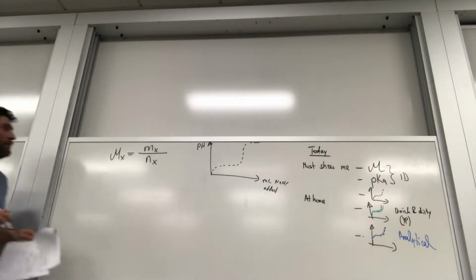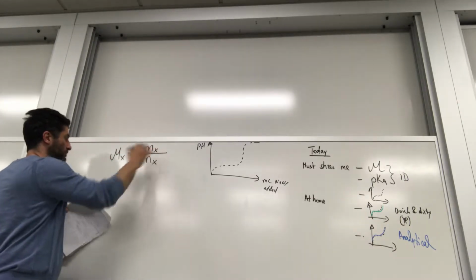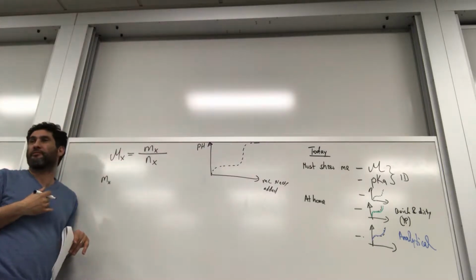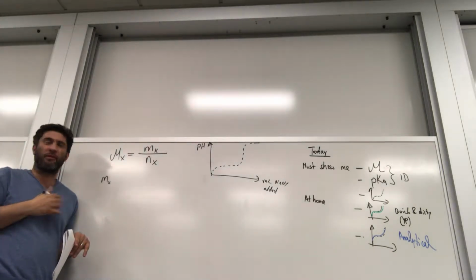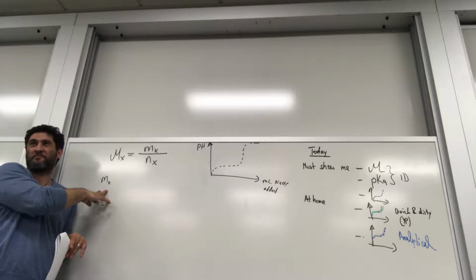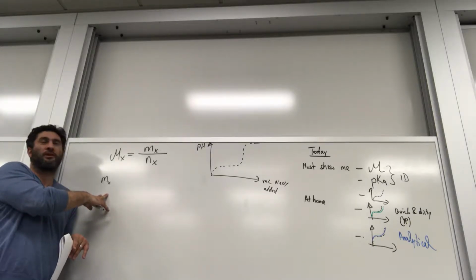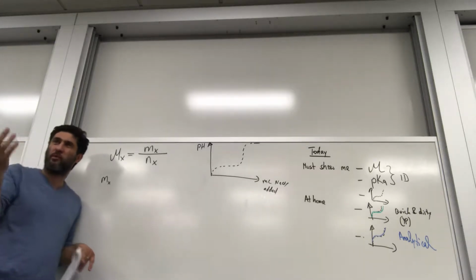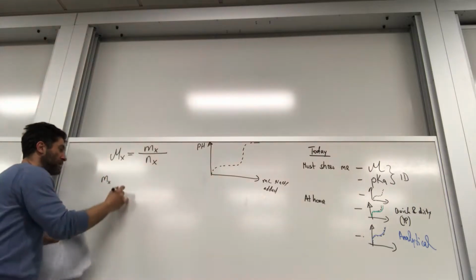Well, the mass is simple. How did we get the mass of the acid in this experiment? How did you guys get the mass of your unknown acid? You had this white powder? Yeah, you weigh it, right? Boom, and done. Weigh it.